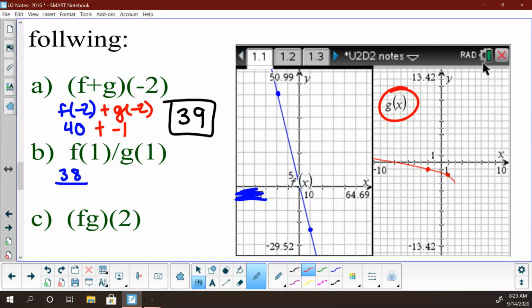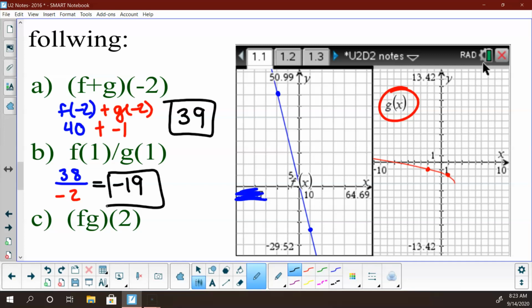And I'm going to divide that by negative 2. I promise the ones on your homework don't have stupid scaling. All right, 38 divided by negative 2 is a negative 19. That's the answer.